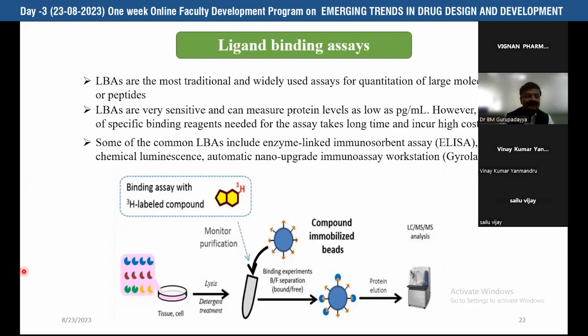Here we are seeing the stages they are going to give. In this particular slide, you can observe how the ligand binding assays can be helpful for separation and identification. Ultimately, LCMS is the technique which is going to identify the proteins of interest.